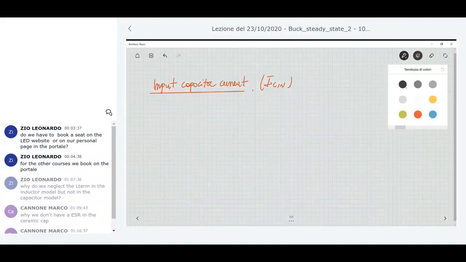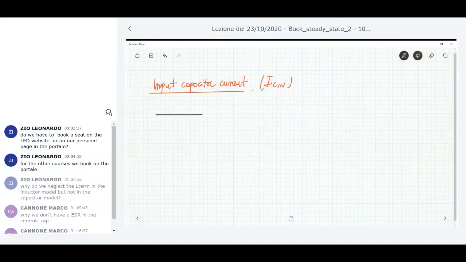Let me redraw for a moment the branches of the buck circuit that are involved here. So Vin, this node is what I call the active node. We have the switch. Since the switch in this discussion is an ideal switch, I can replace the MOSFET by an ideal switch.